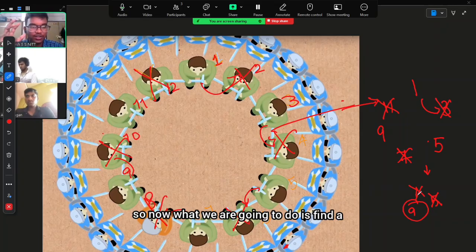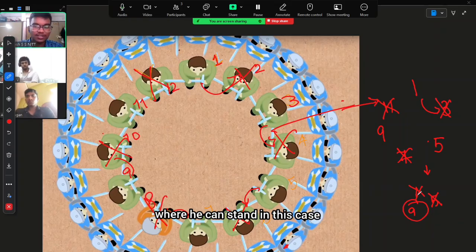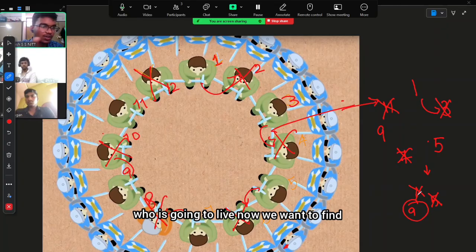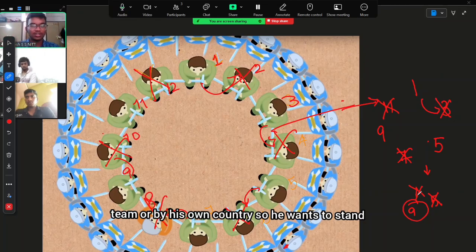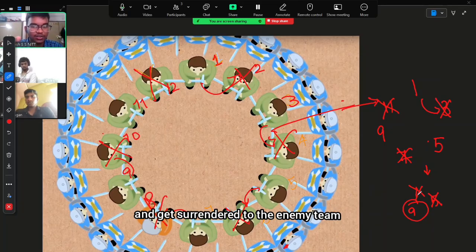So now what we are going to do is find a position for Josephus where he can stand. In this case, if you have seen, ninth is the position. The ninth person is the one who is going to live. Now we want to find the position where he will not be killed by his own team or his own country. So he wants to stand and be captured by the enemy team rather than commit suicide.